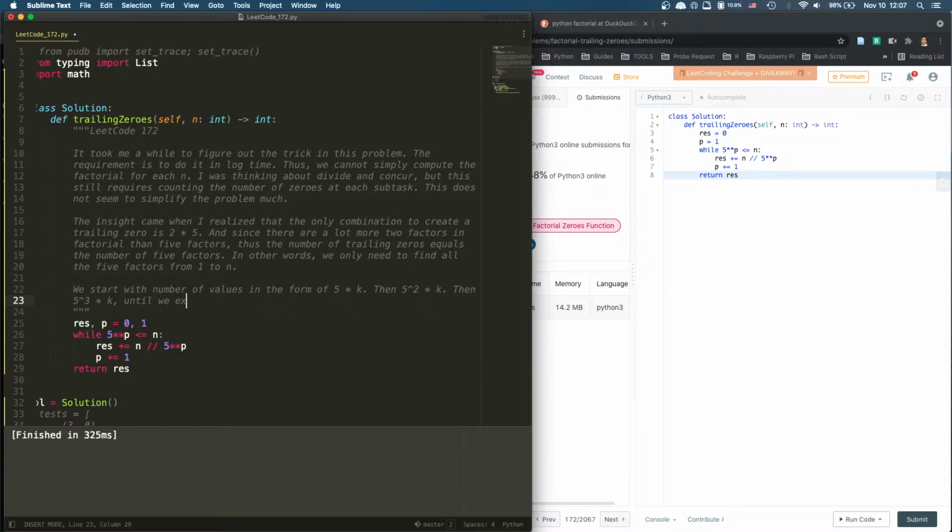Until 5 to the whatever is larger than n.